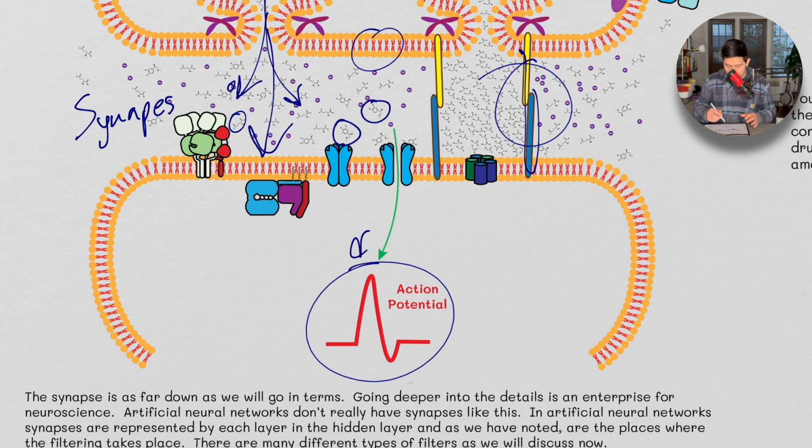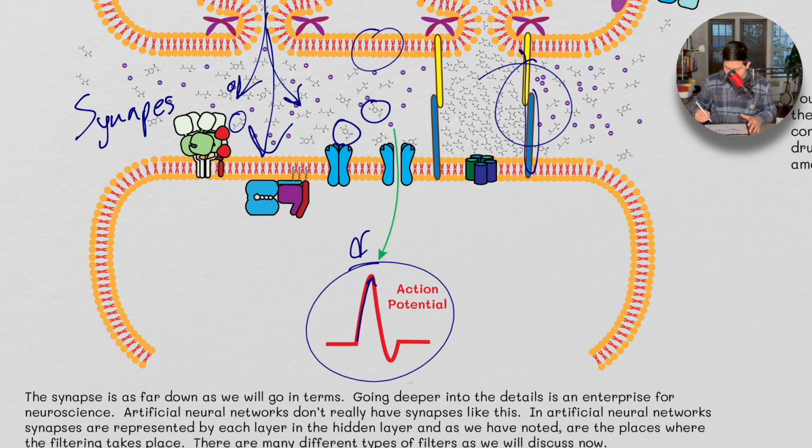So this channel opens upon binding to the neurotransmitter, and sodium ions pass through. That positive charge passing through the channel into the neuron generates an action potential. So it depolarizes the cell. When sodium passes through, we're climbing up this peak here.